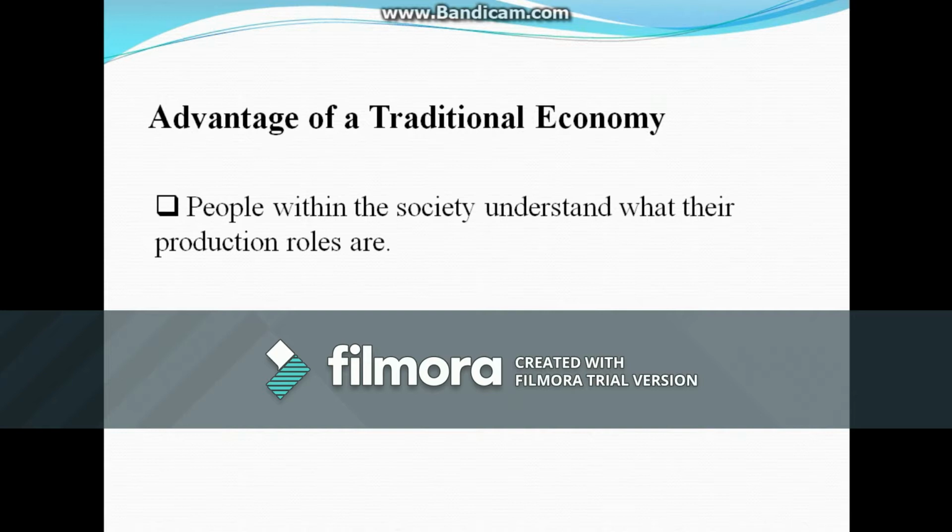This understanding creates less competition among individuals because they understand what resources they will receive for their services. Because social rules are based on local customs, members of traditional economies accept that their position has contributed to maintaining a functioning society for centuries.